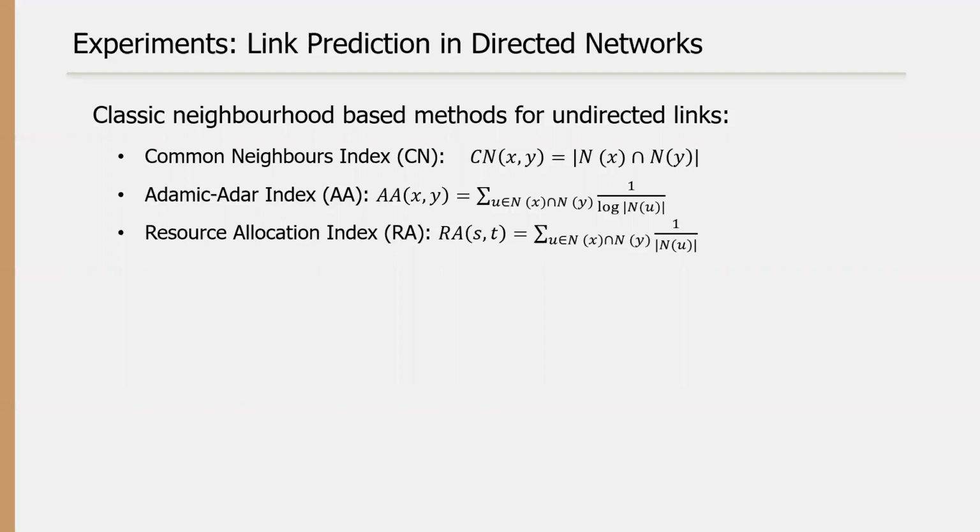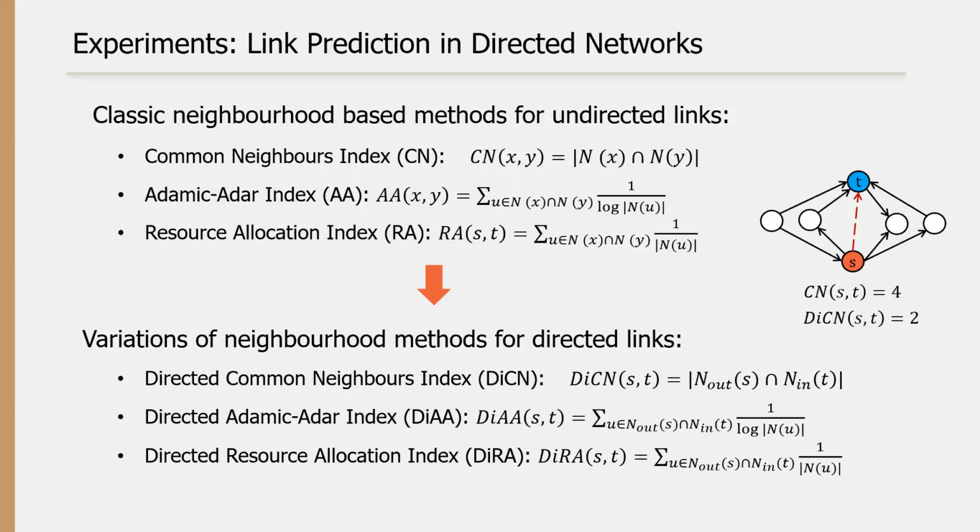Therefore, we choose the directed variations of the classic methods as the baselines, which are directed common neighbors and directed Adamic-Adar. For example, here, the common neighbor index of node pair S and T is 4, and the directed common neighbor index for them is 2.